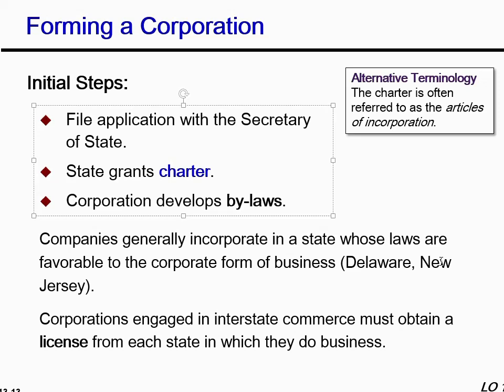Delaware and New Jersey are some examples. You can take examples from KSA. Some companies work in different states or different provinces, as well as in other countries. So wherever they want to operate, they have to take the legal license, or they have to take the charter to operate in those states.